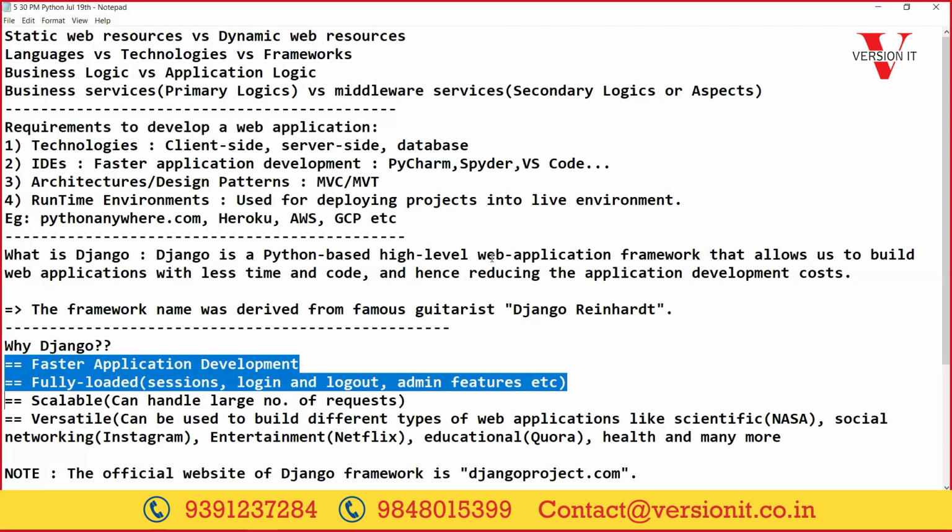Administration features means what? You can create users from them. For these users, you can assign specific modules. Whenever you are building an application, every user is not going to use all requirements; every user is not going to access all services.